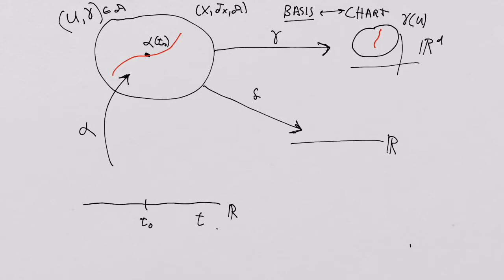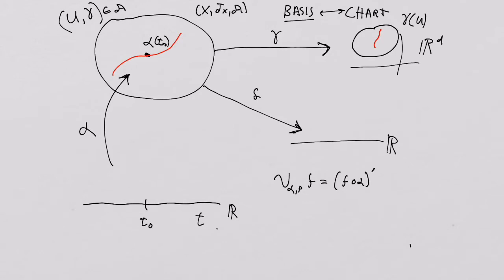Okay, so now we kind of know how to proceed, right? I can say the velocity of the curve alpha at the point P acting on the function f. I know how to write that down. That is just f composed with alpha, and then it's the derivative of that.